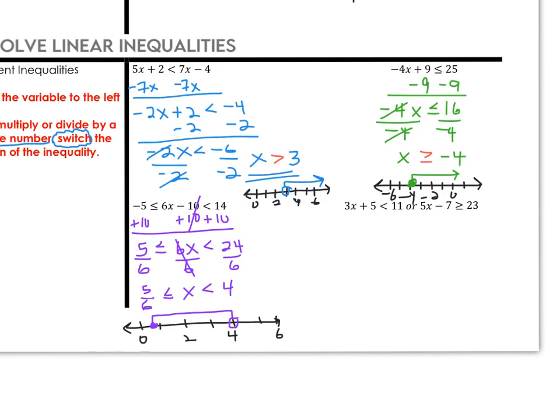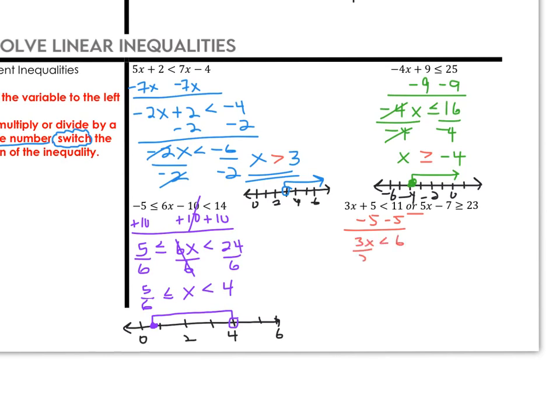Now our last one has the word or, and that means our arrows will go in opposite directions when we're done. Notice it's two completely different inequalities to solve. We'll solve them separately and see what we get. If we start off by subtracting 5 in that first inequality, we would get 3x is less than 6.